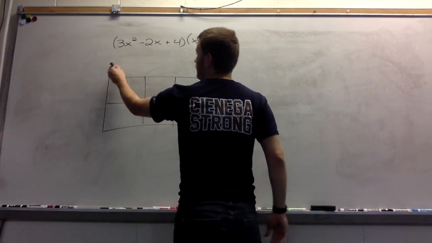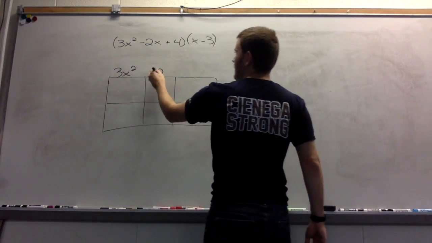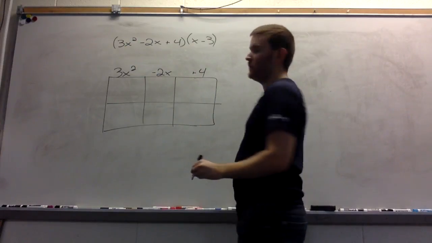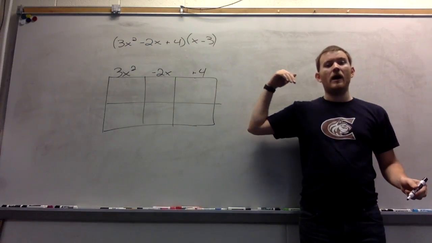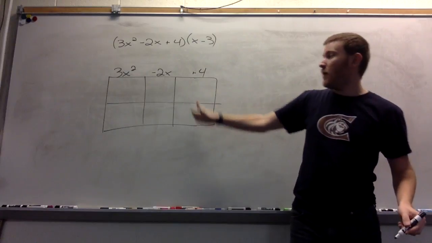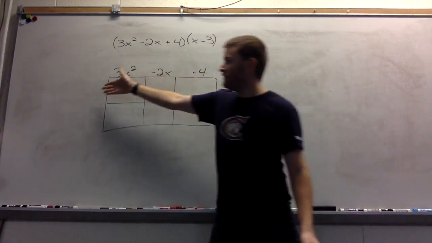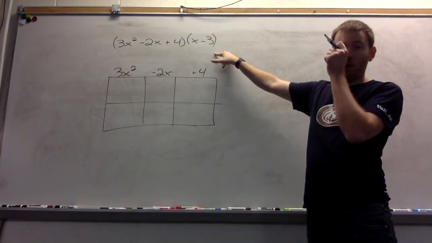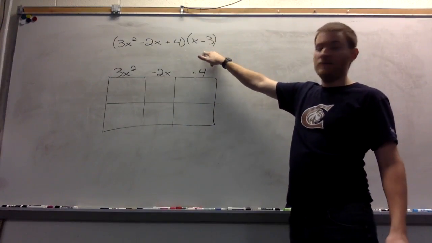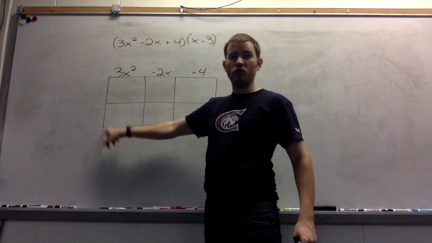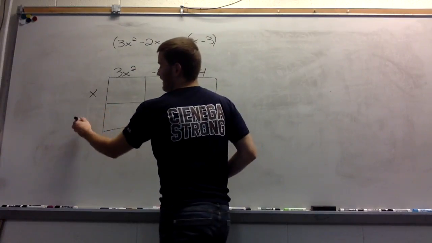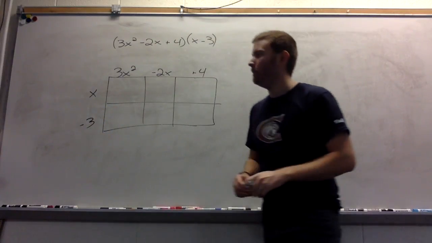So we're going to have 3x squared, negative 2x, and positive 4 along the top of my box. Since there's 3 items, I want my box to be 3 columns. Along the left-hand side is going to be our second one. And since there's 2 items there, we've got 2 rows to accommodate that. There's an x and there's a negative 3.